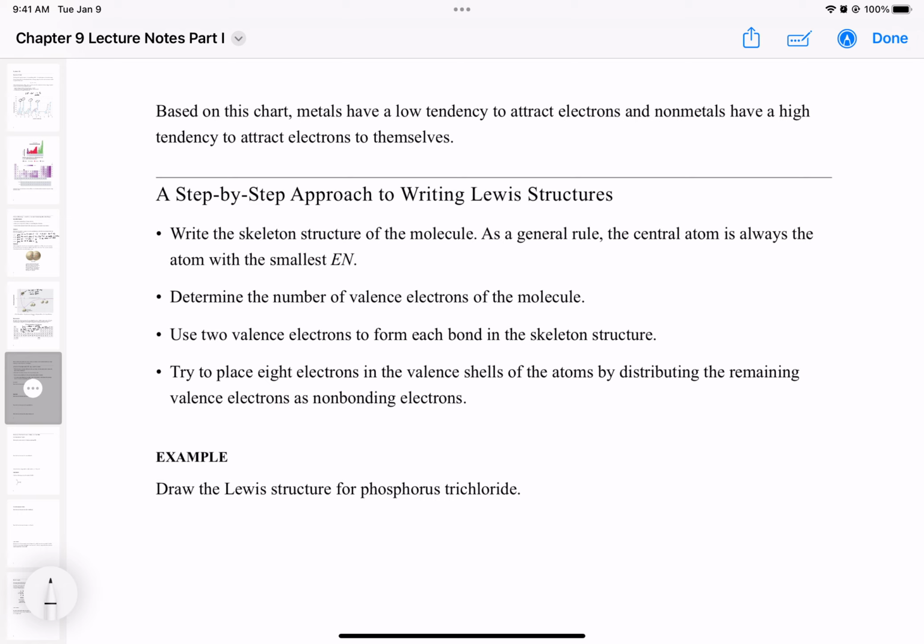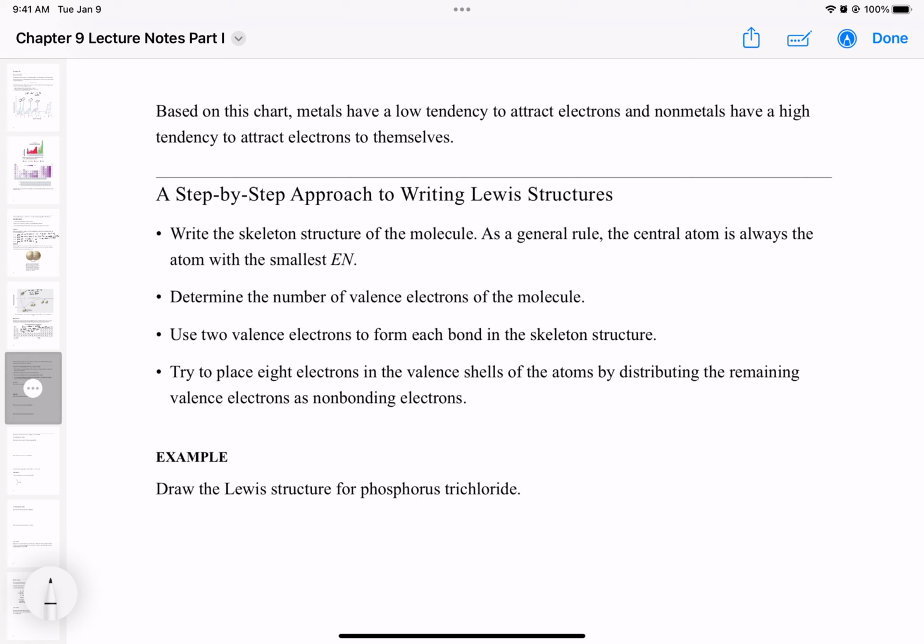So this is where we get into electron accounting here. We need to put them somewhere else in the molecule, and usually we put them around atoms that are bonded to the central atom as lone pairs of electrons, and I'll go into what that means too.